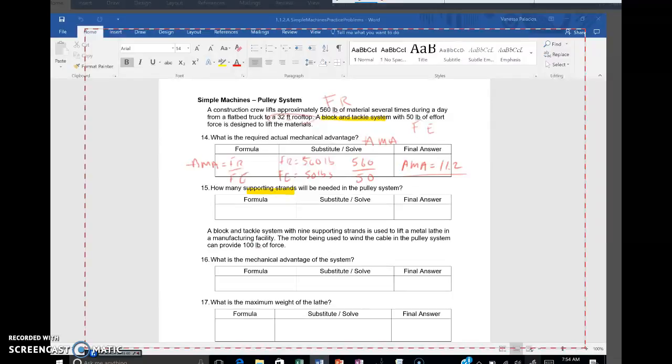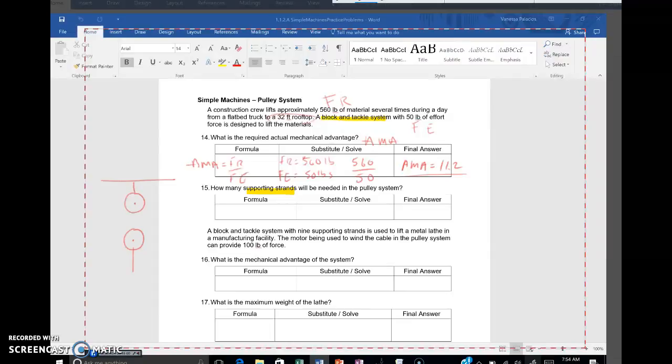All right, so the first thing I would do is probably draw a sketch. I know we don't know how many pulleys are going to be involved in the system, but we can at least draw a simple sketch of what a block and tackle system might look like. So we know it would involve at least 2 or more pulleys. Let's go ahead and draw it, assuming that there's going to be 2.